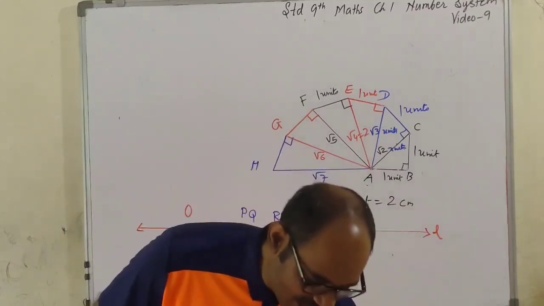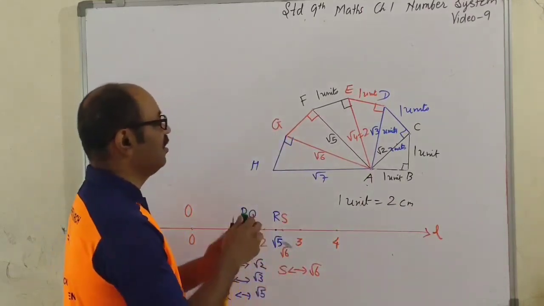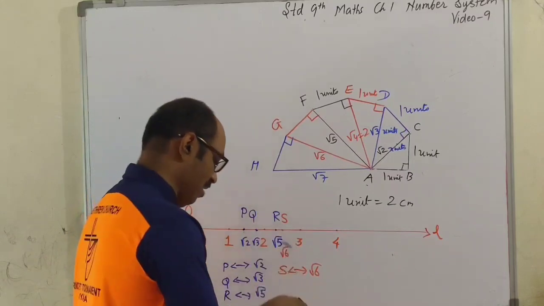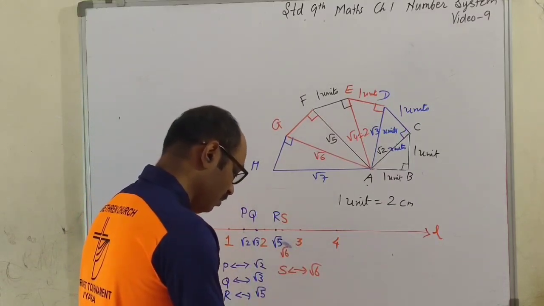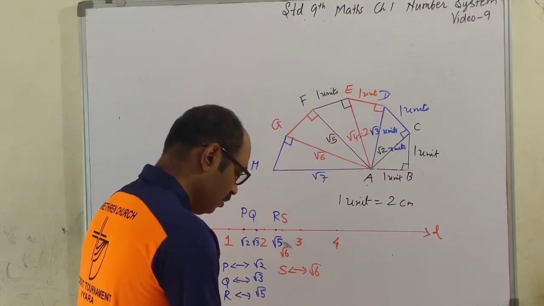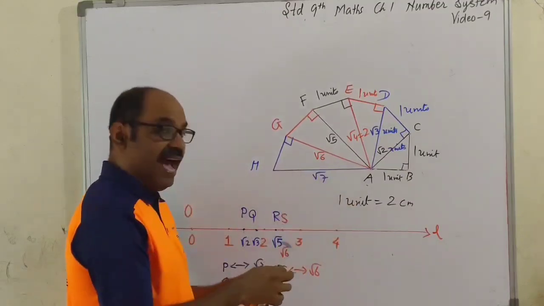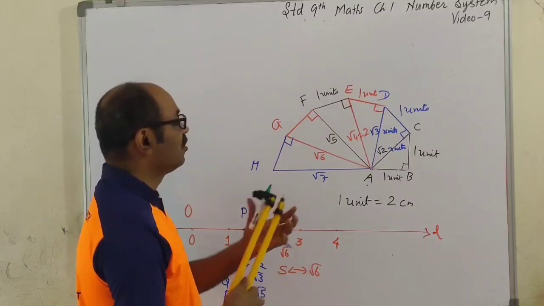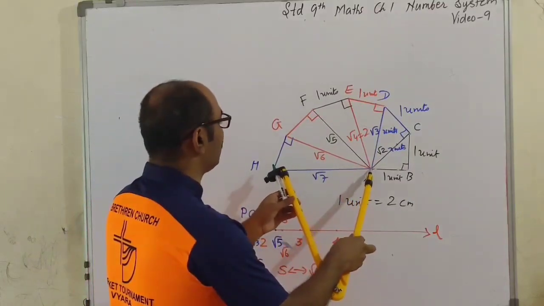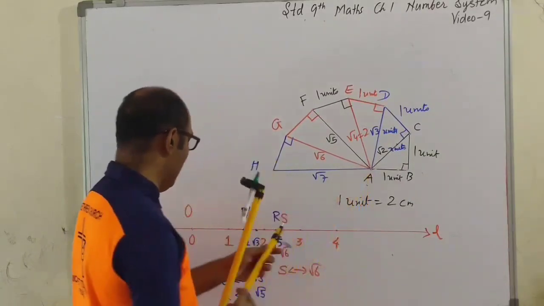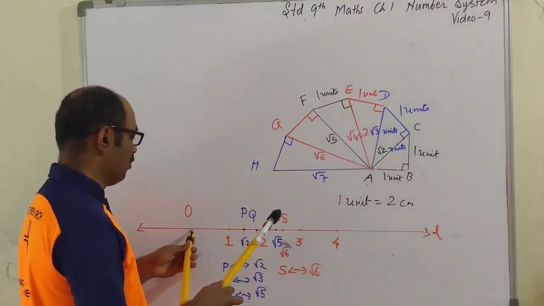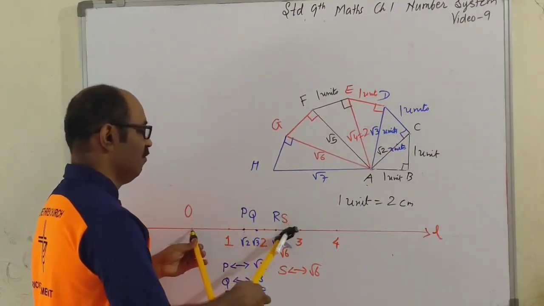Still one more point is left. It is root 7. And root 7 is AH. Correct? So take radius AH, which is root 7. Fine. Now projection.